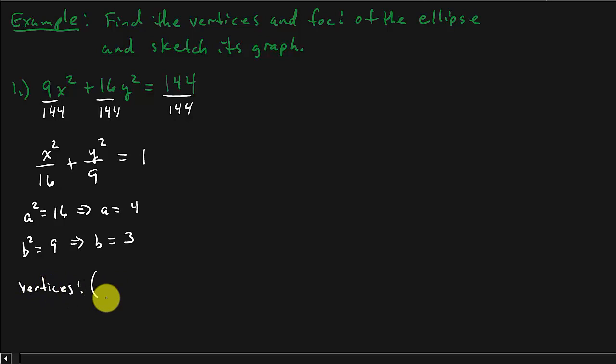That's what? Remember, it's plus or minus a, 0, or it's 0, plus or minus a. But we know we've got the larger right here. So let's do this. Before we write it down, let's just kind of sketch it.